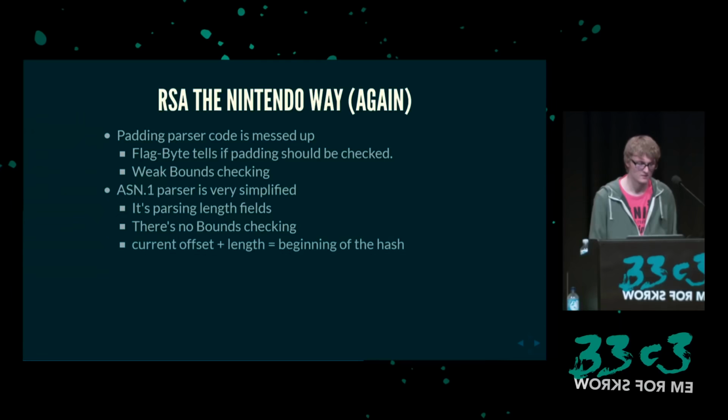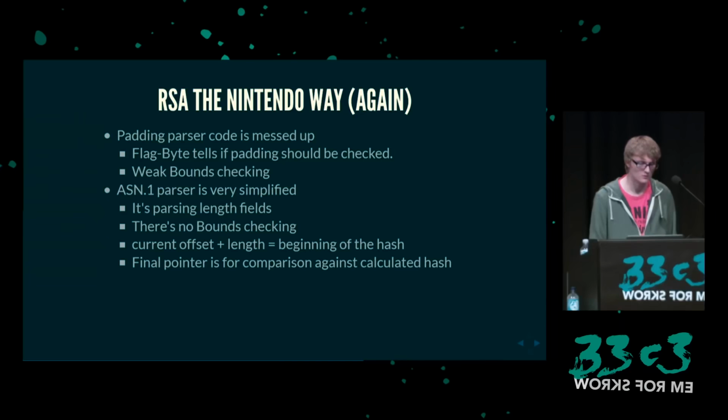Then they stop parsing and say, okay, we parsed all the data, and now there should be the hash. And yeah, they are not checking this length, and this pointer is used to do the hash comparison.